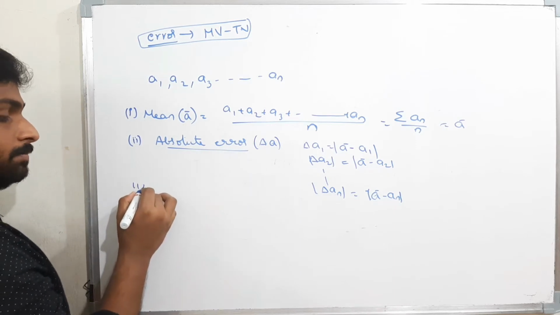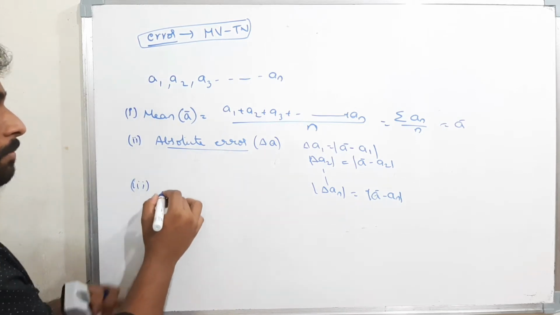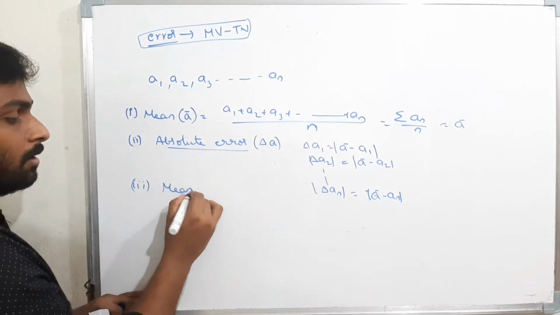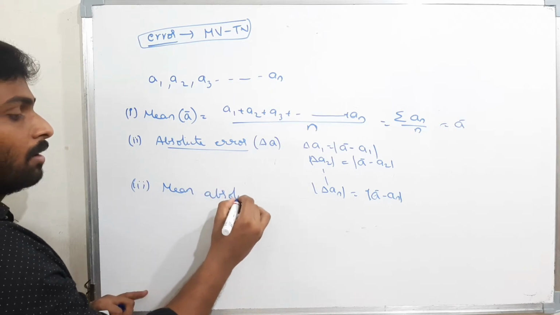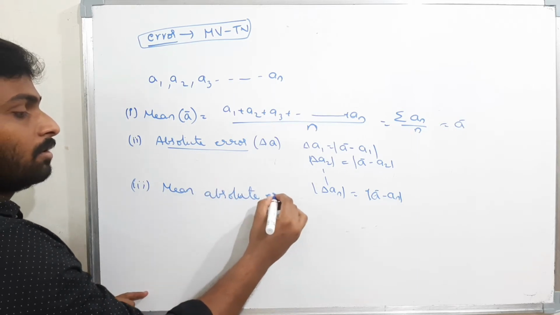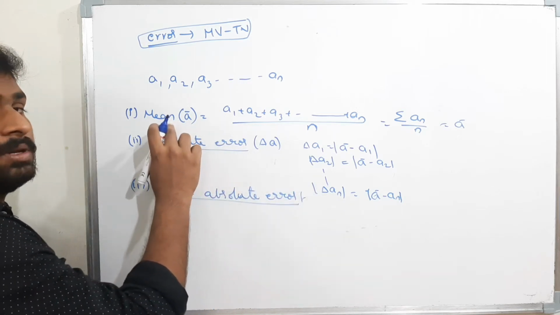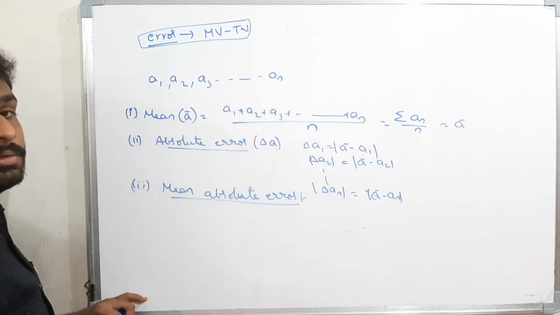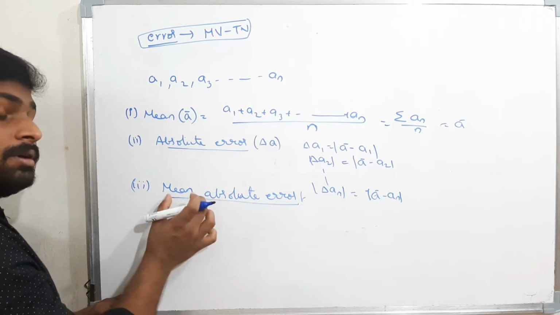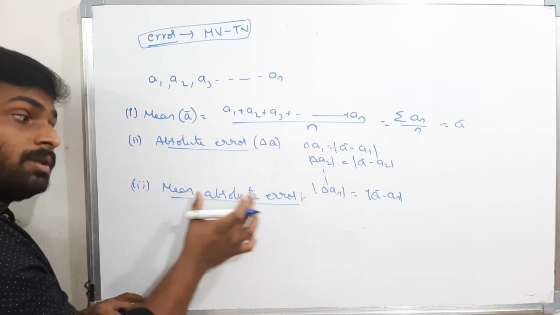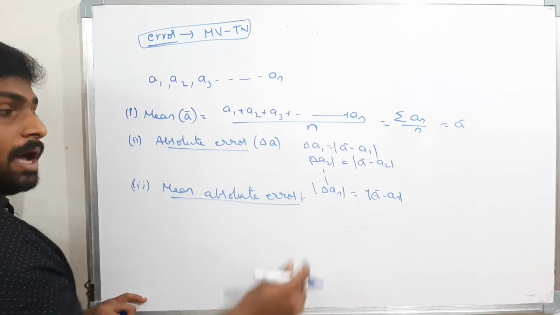Now third one, mean absolute error. What is the meaning of mean? Mean is nothing but the average of the measured values. What is the mean absolute error? It is the mean of the absolute errors, the average of all these errors.